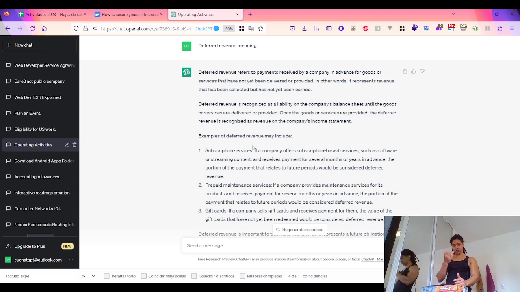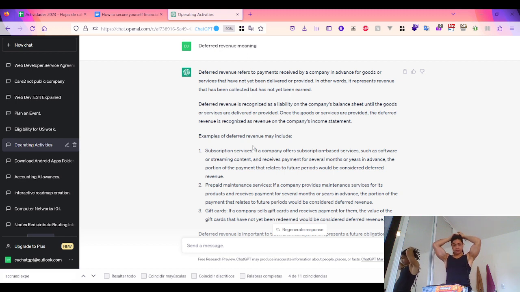If you are, as a company, Netflix or Spotify, or any company that uses a subscription-based model, you collect the money in advance for goods or services that have not yet been delivered or provided, meaning that you have to constantly provide that service in the case of Netflix or Spotify until the subscription expires. Let's say 1 month, 6 months, a year, blah blah blah. Right? Cool, cool.